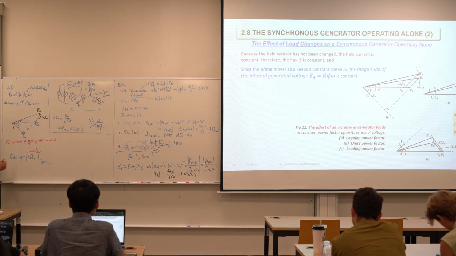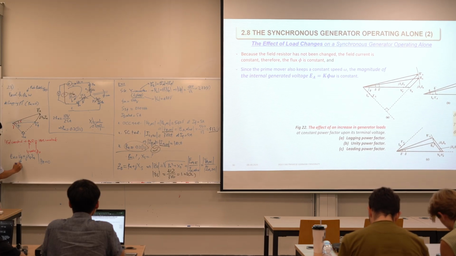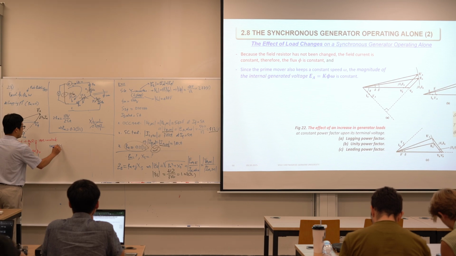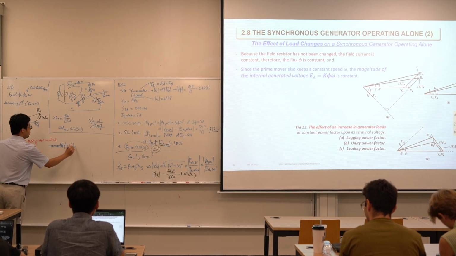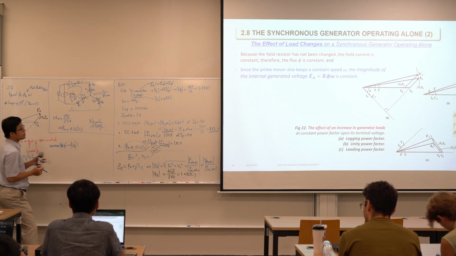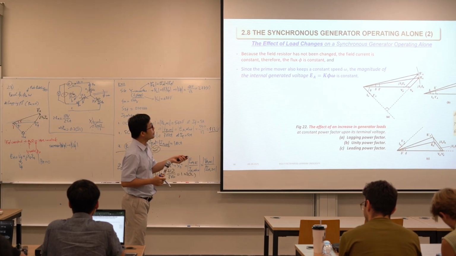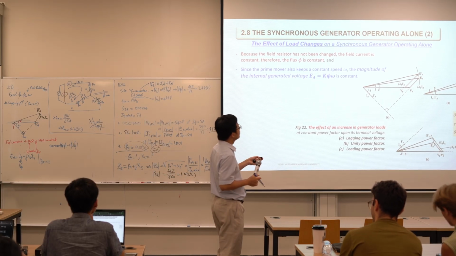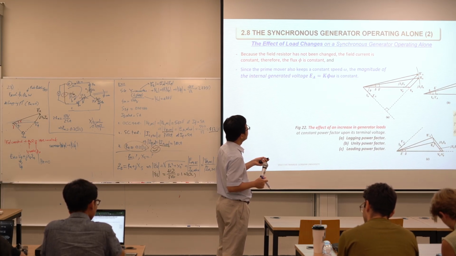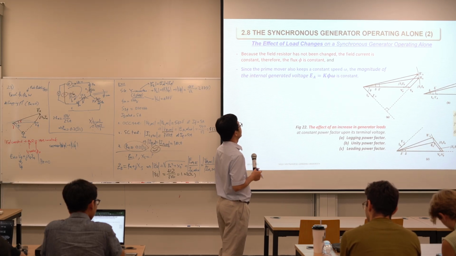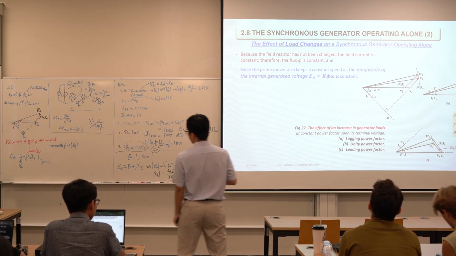So if we increase V phase to be V phase over common, we increase V phase to be V phase over common, like this. Increase or decrease? Decrease. Okay, decrease.